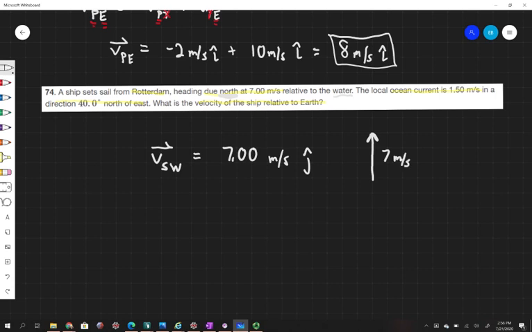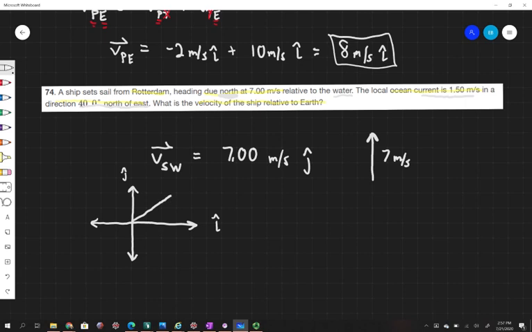Now the local ocean current, the water, is 1.5 meters per second in a direction that's 40 degrees north of east. So what does that look like? I need to draw a coordinate axis so that I can see what this actually looks like. So there's my coordinate grid. I assume north is the j hat direction, east is the i hat direction. I'm going 40 degrees north of east.